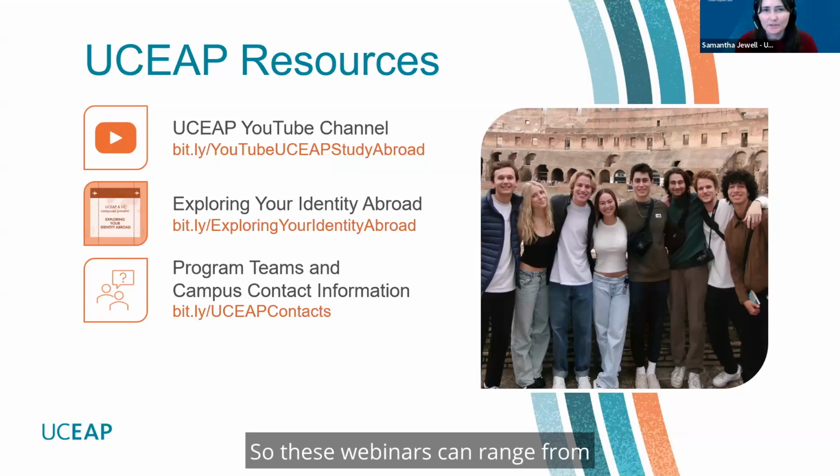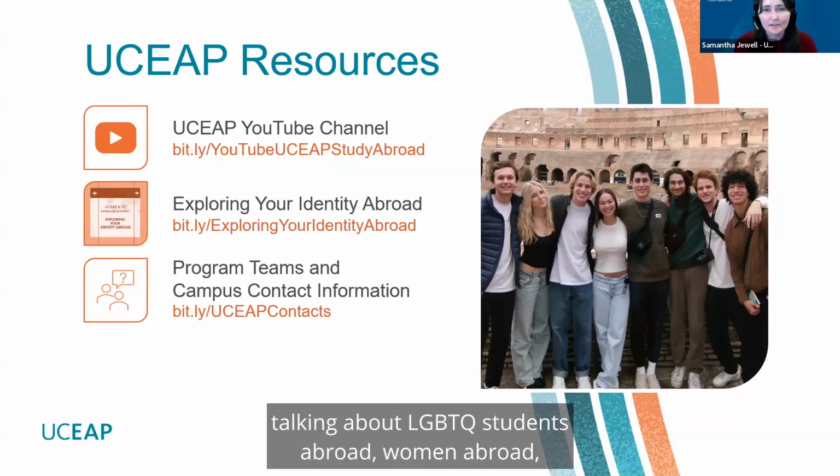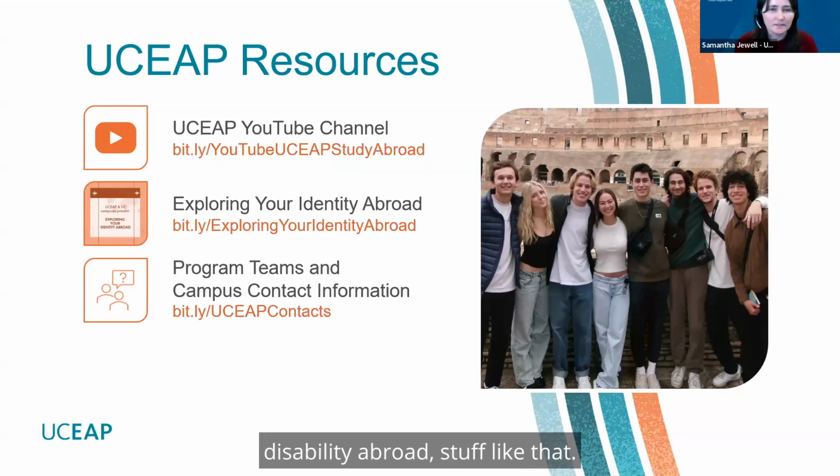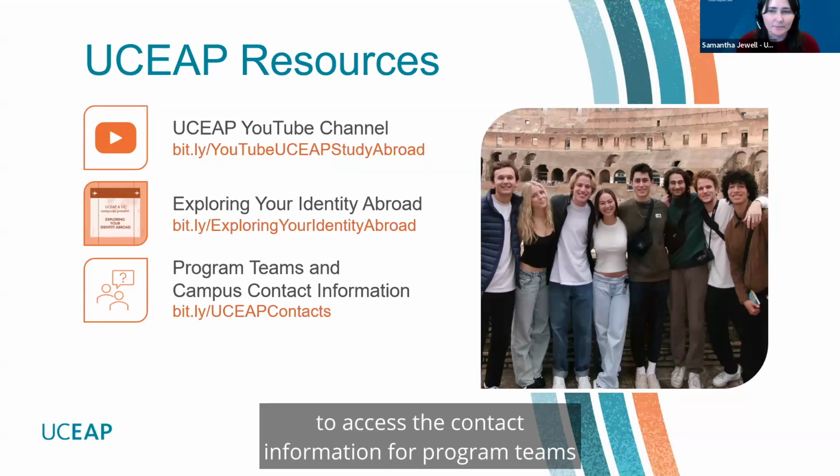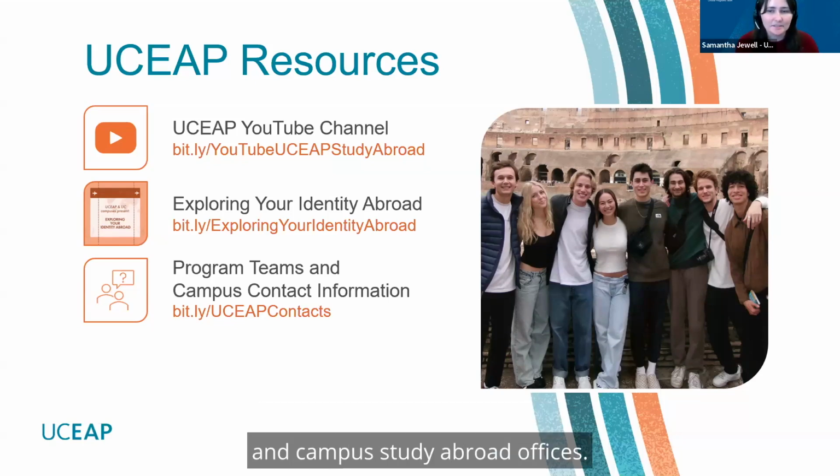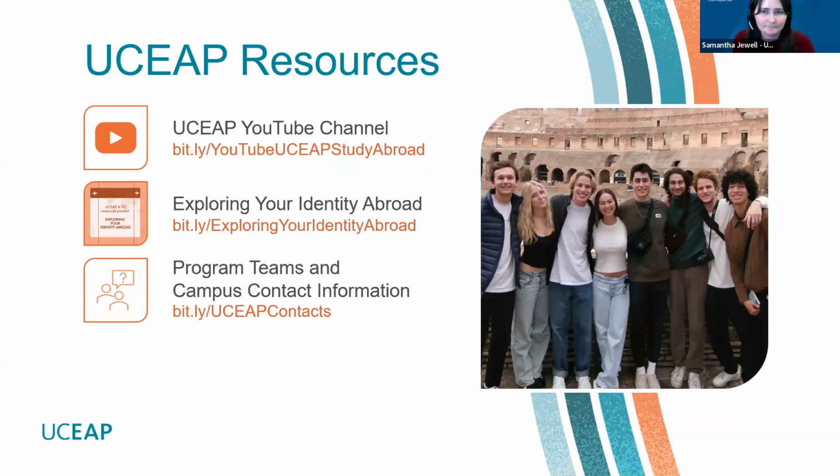So these webinars can range from talking about LGBTQ students abroad, women abroad, disability abroad, stuff like that. And then lastly, the link there is to access the contact information for UCEAP program teams and campus study abroad offices. If you have questions, it was the same link that we were talking about earlier.